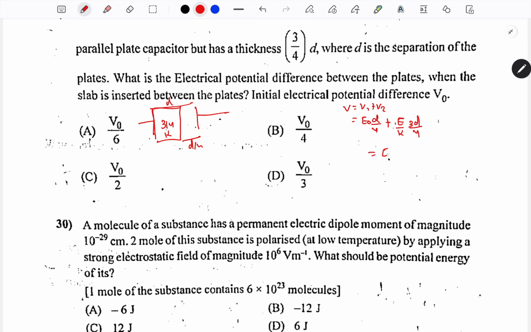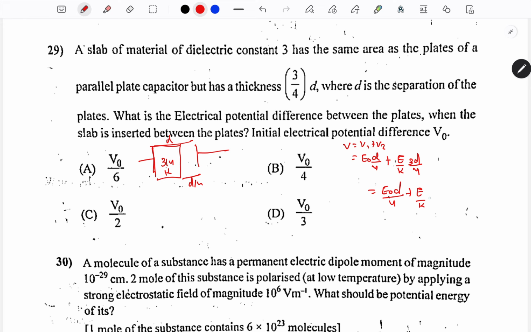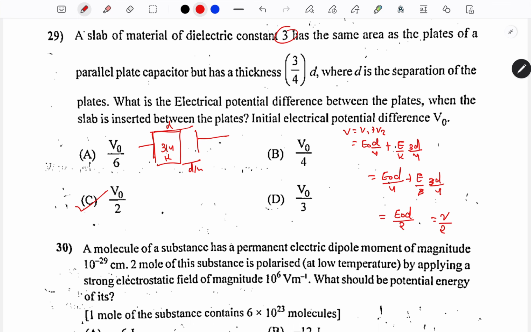So the answer will be E0 by D into 4 plus K into 3D by 4. But here dielectric constant 3 is given, so K will be 3, so this 3 will be cut, and E0 by D into 2, which is equal to V by 2, initial V by 2. So the answer is C.